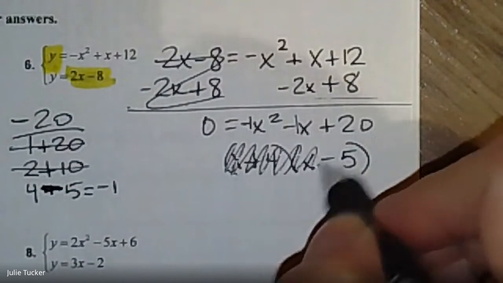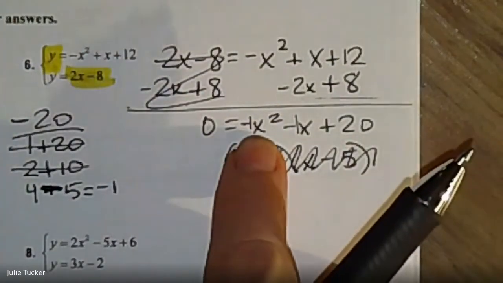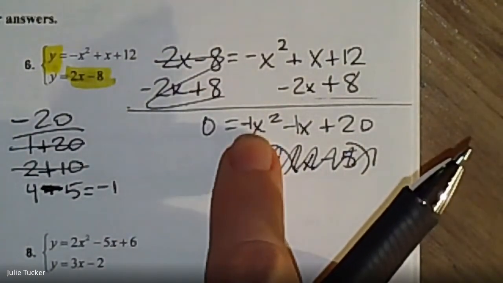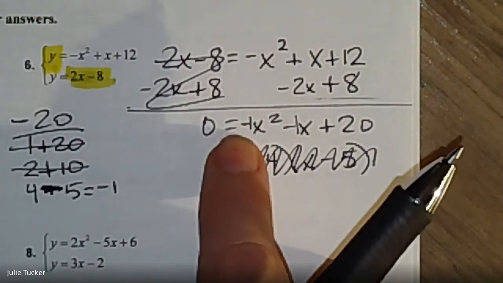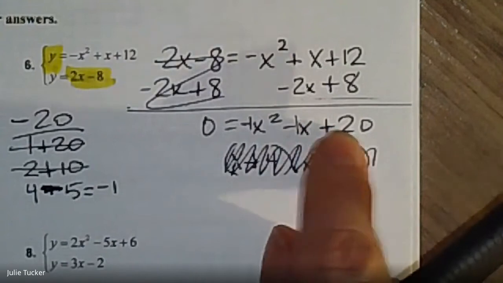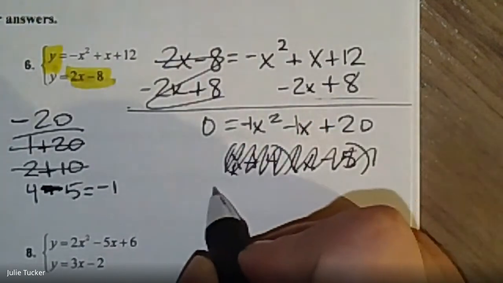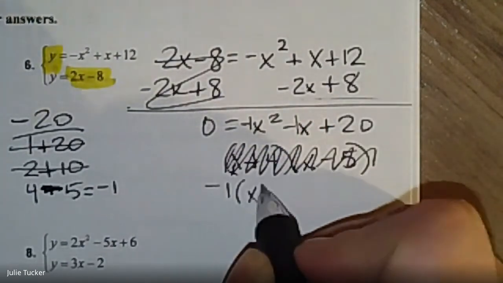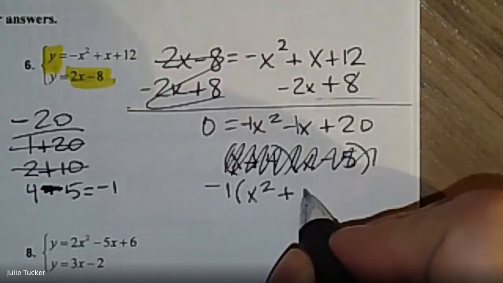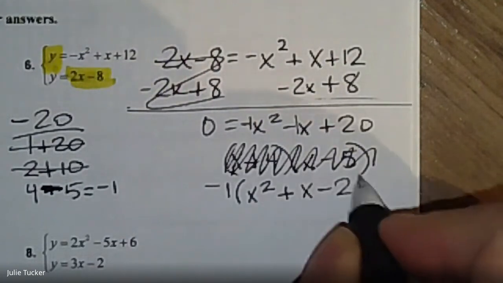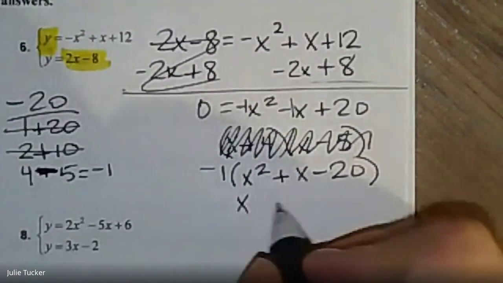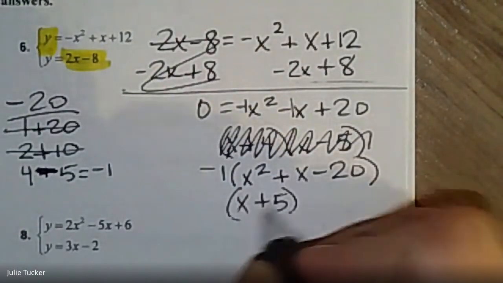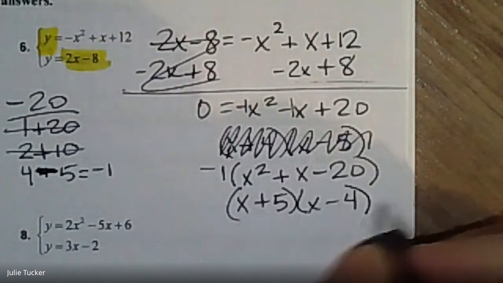I just realized, because the x squared was negative. So maybe what I should have done, and I'm sorry I didn't think of it before, is divide negative 1 out of it, which makes it a positive x squared, and that makes it a better problem. That's what I should have done. I'm so sorry. So that makes this x plus 5 times x minus 4.